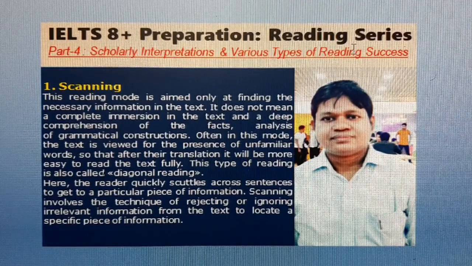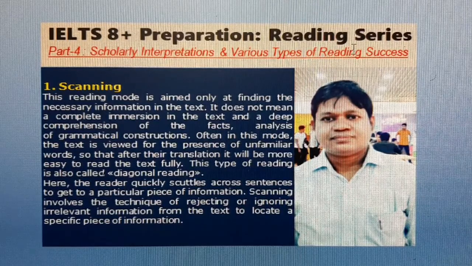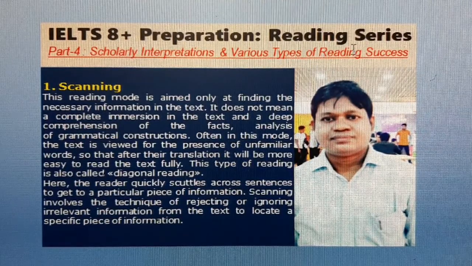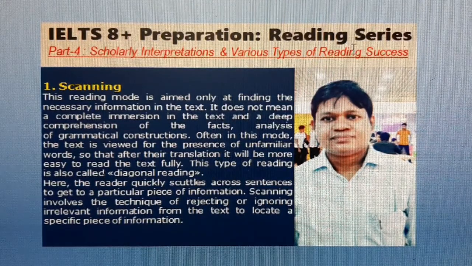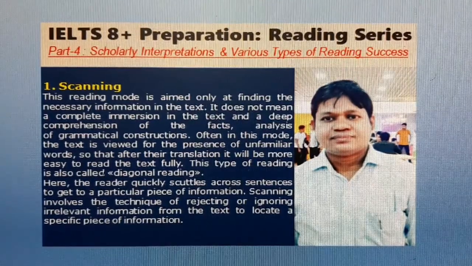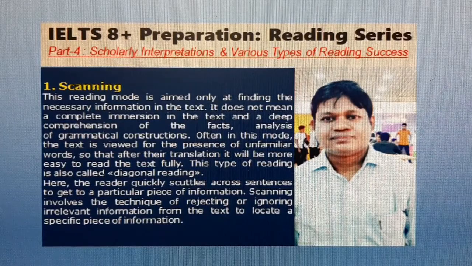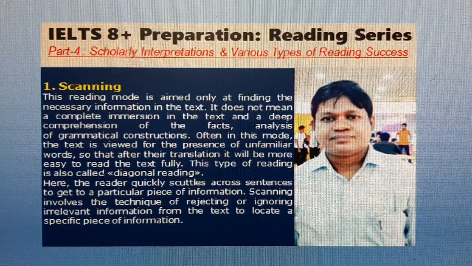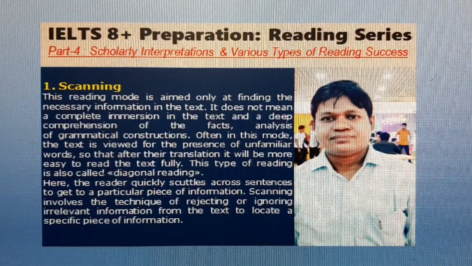Often in this mode, the text is viewed for the presence of unfamiliar words so that after the translation, it will be more easy to read the text fully. This type of reading is also called diagonal reading. Here, the reader quickly scuttles or rushes across sentences to get to a particular piece of information. Scanning involves the technique of rejecting or ignoring irrelevant information from the text to locate a specific piece of information.